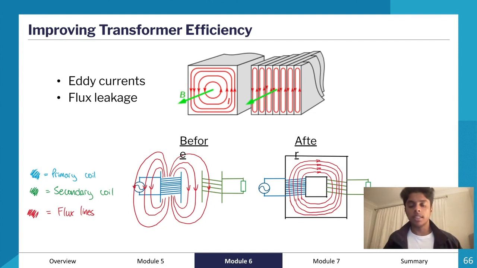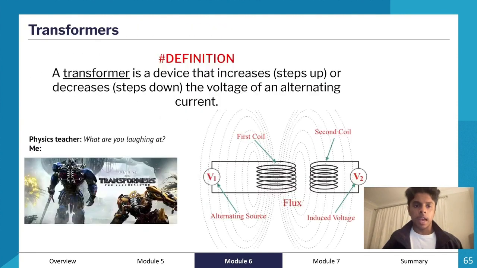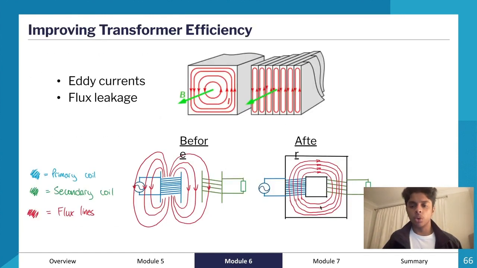In terms of flux leakage, there are a couple of things you can do. Obviously, if I had a core, there will be a lot less flux leakage. As you can see, the lines of magnetic flux are a lot more aligned, as opposed to without a core. So the first thing I would do is have a core, and also make sure that this core is made out of ferrite.